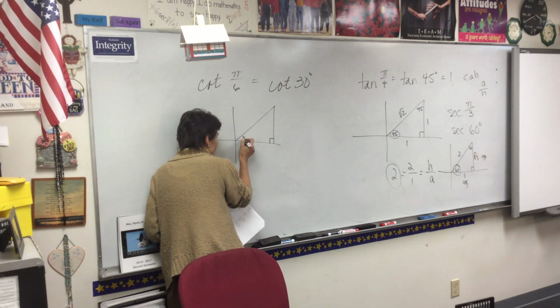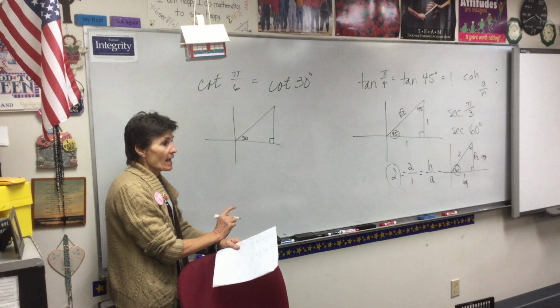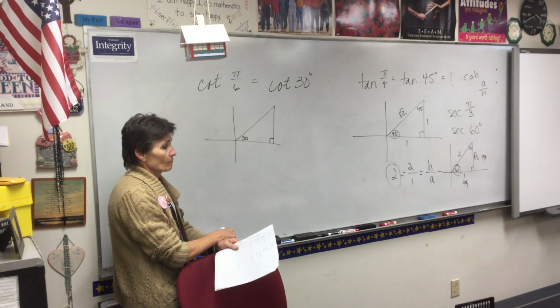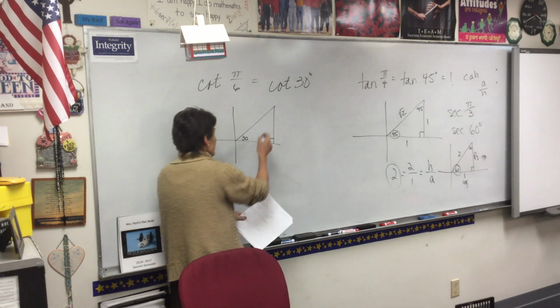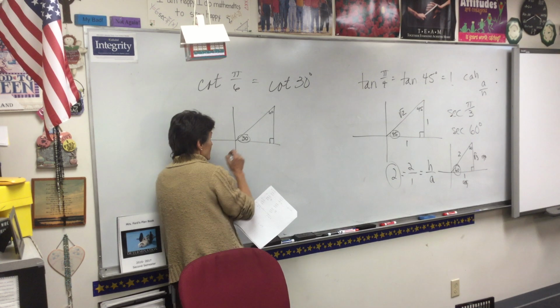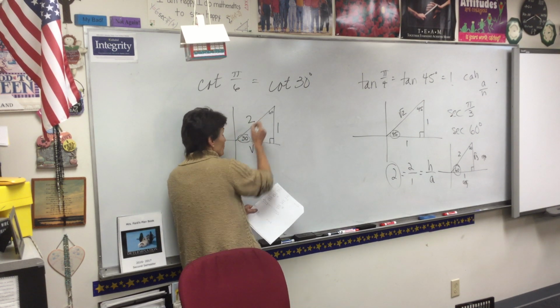And right here is where the 30 is going to go, right? That's important. The angle you're doing in the problem goes at the origin. So here's my 60 up here. This is the angle I'm looking at, though. So 1, root 3, 2.